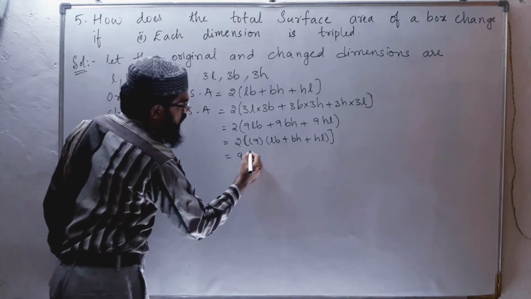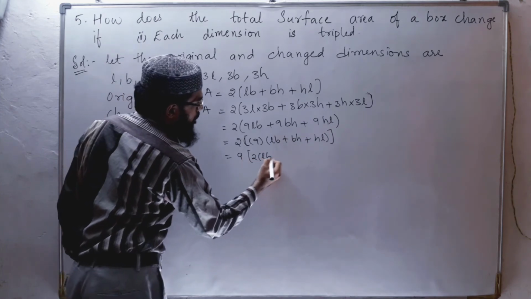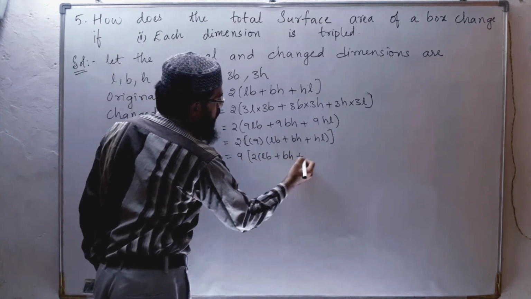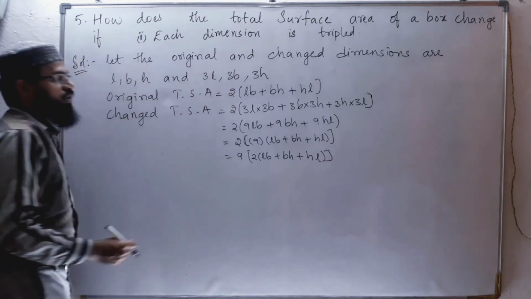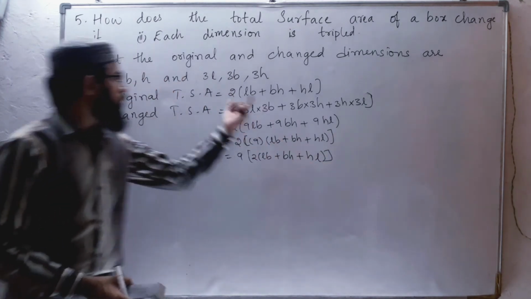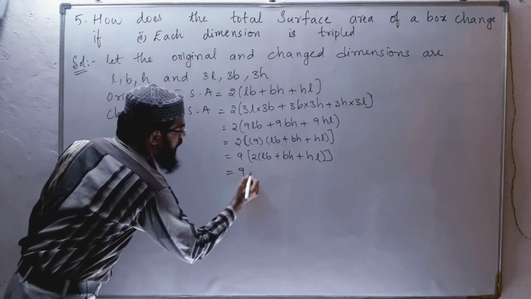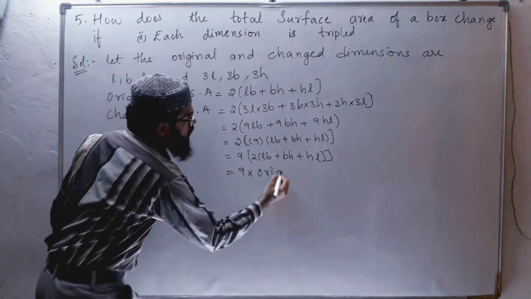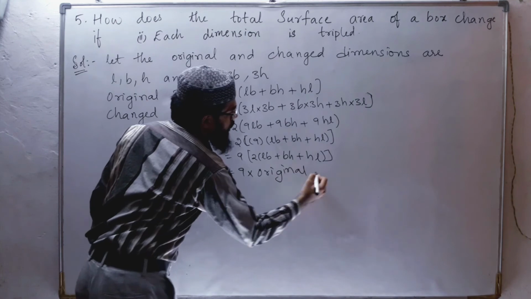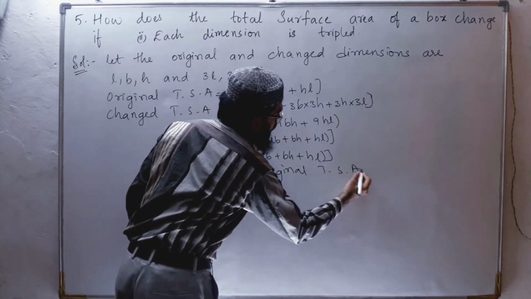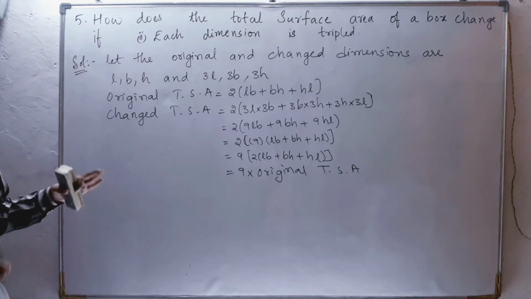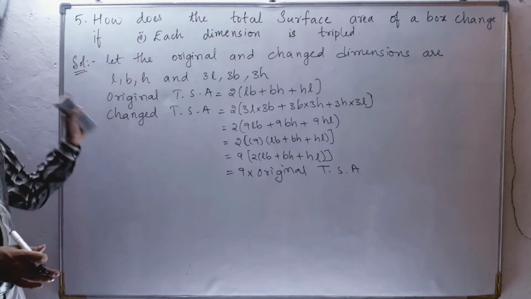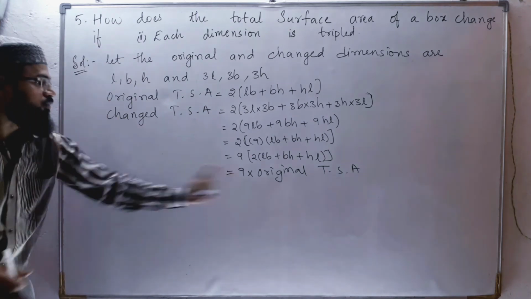So we get 9 into 2 (LB plus BH plus HL). So this is nothing but the original total surface area. So 9 into the original total surface area. So now the original total surface area is changed 9 times.